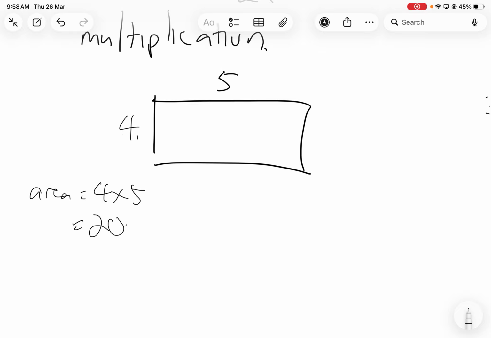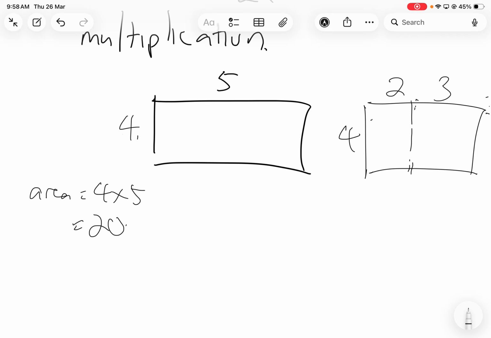Okay. Then now, for whatever reason, I don't like to write the number 5. So for the same rectangle, I split it up into 2 and 3.